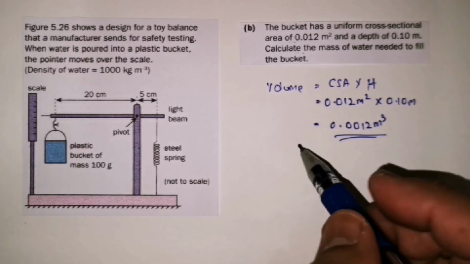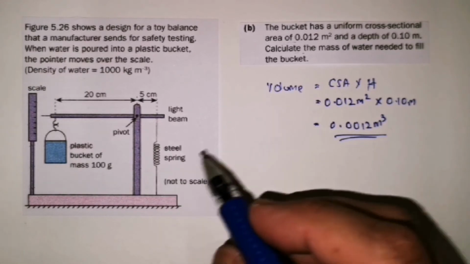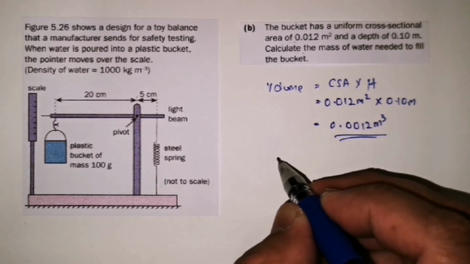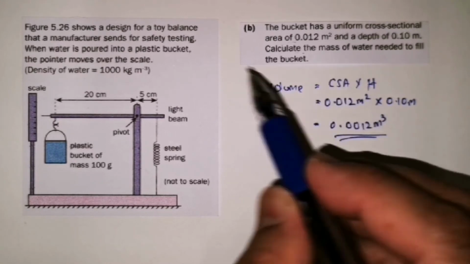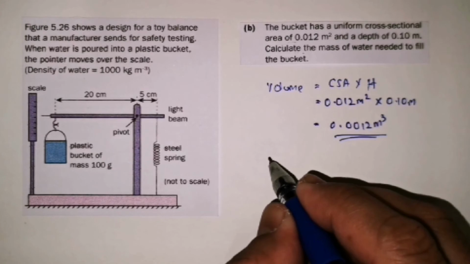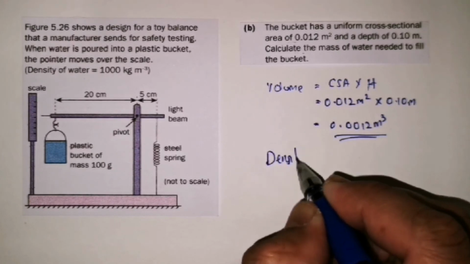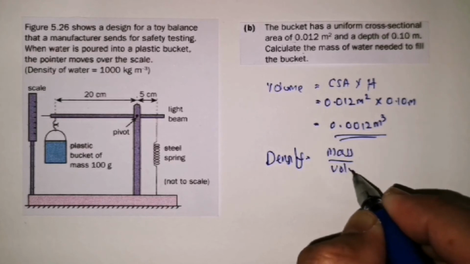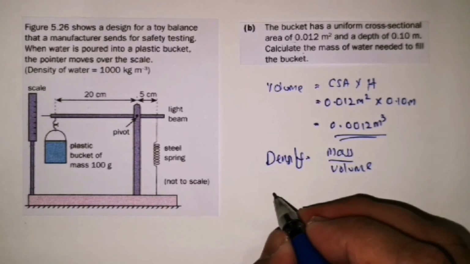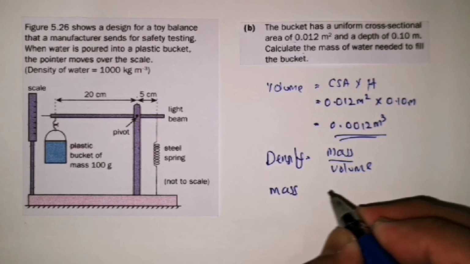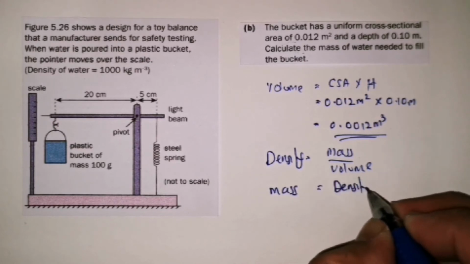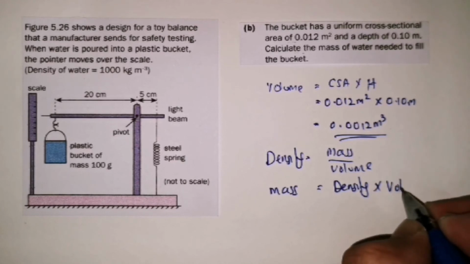Now you're asked to find the mass. So you need to recall how to find the mass if you are given the volume and the density. This topic is under density. Density equals mass divided by volume. Now you are asked to find the mass of the water. The mass equals density multiplied by volume.